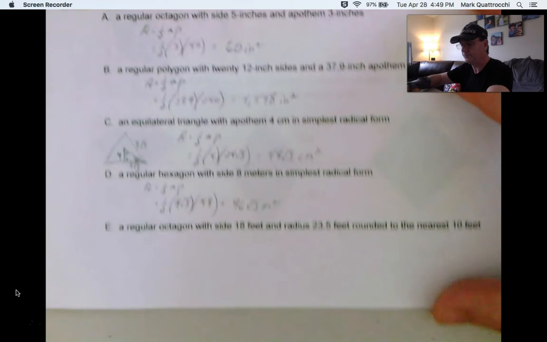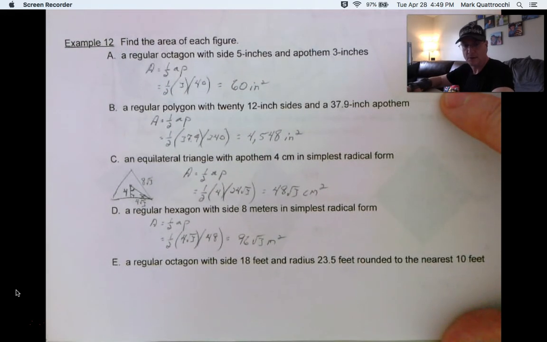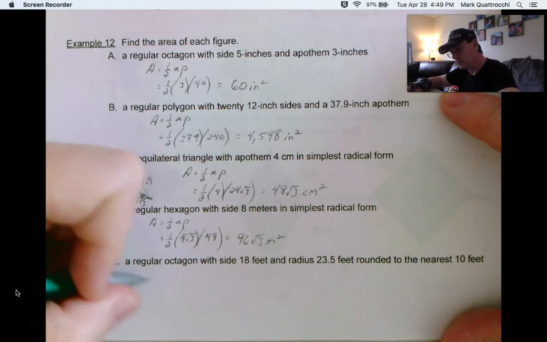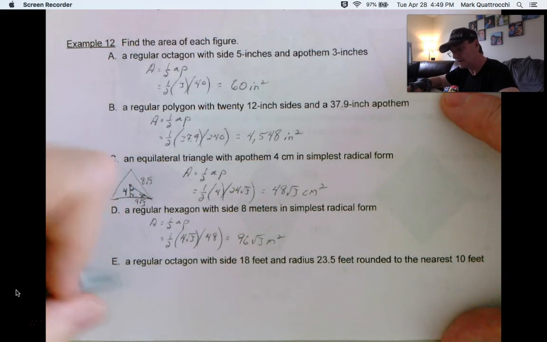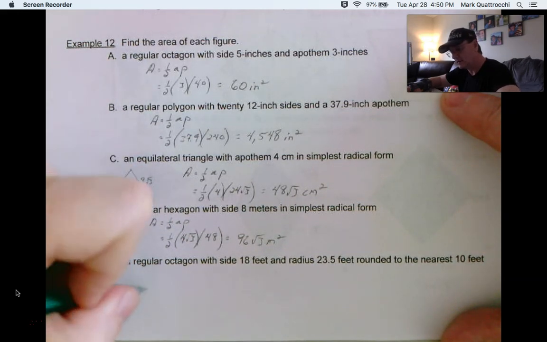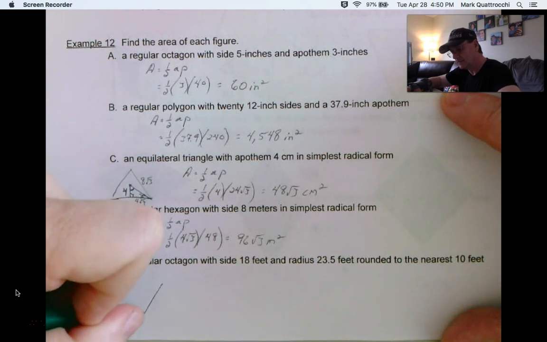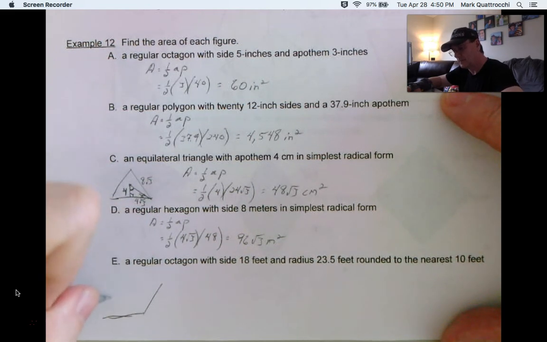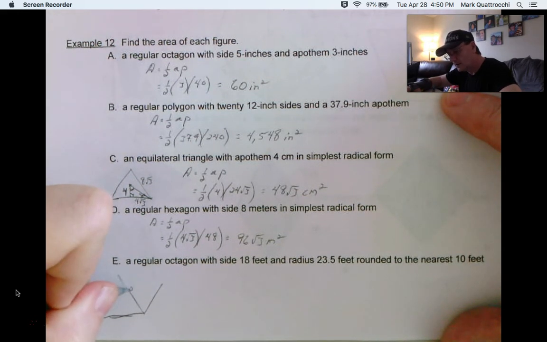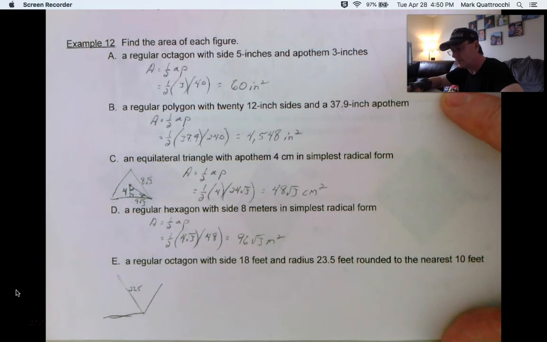Part E. A regular octagon with side 18 feet. A radius is 23.5 feet. We want to find the area rounded to the nearest 10 feet. So with a regular octagon, I'm just going to draw a cross section of some of the sides here. Radius 23.5.